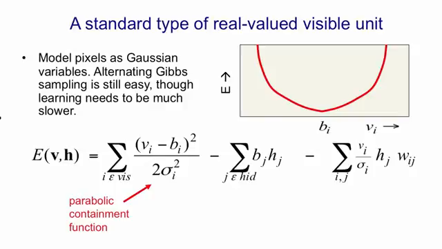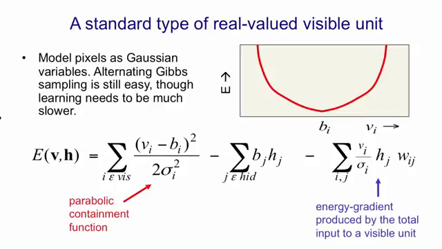The interactive term between the visible and the hidden units looks like this. And if you differentiate that with respect to v_i, you can see that you get a constant. It's the sum over all j of h_j w_ij divided by sigma_i. So that term, with its constant gradient, looks like this.